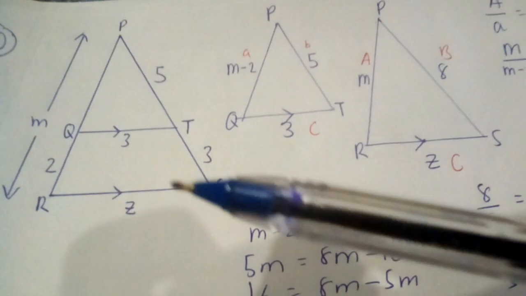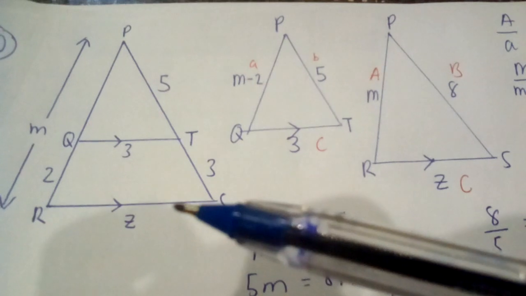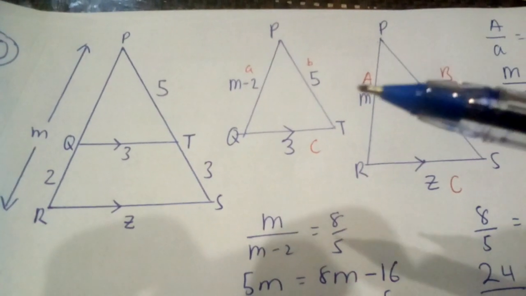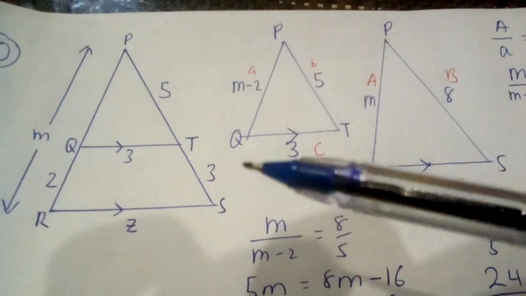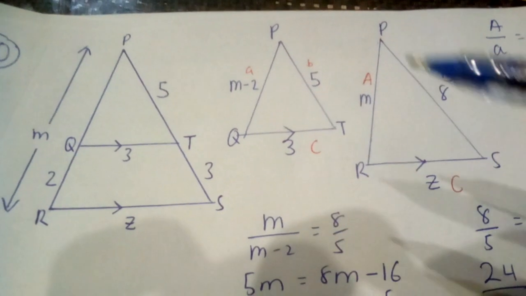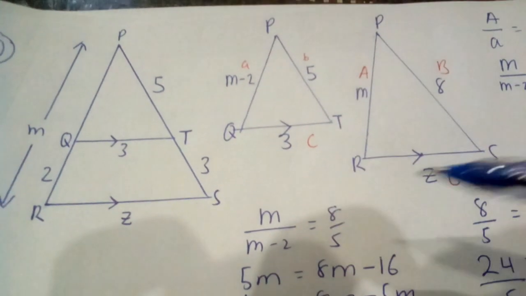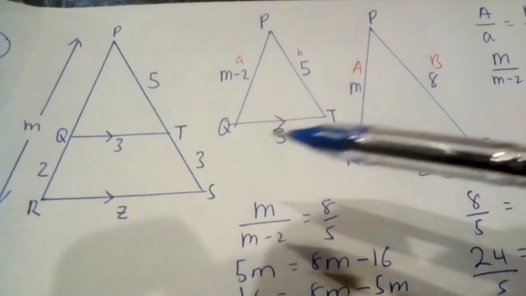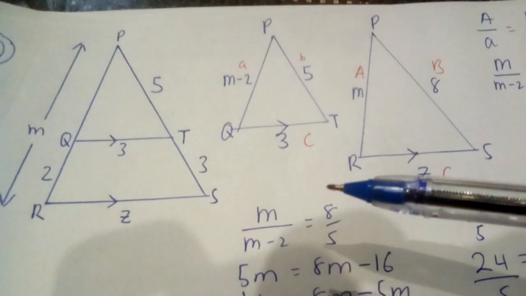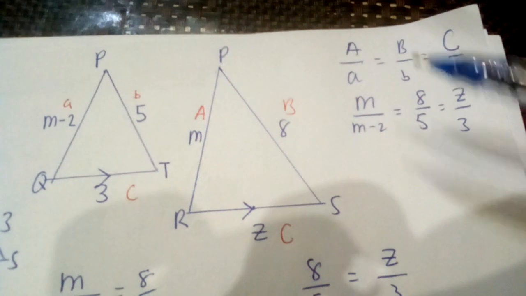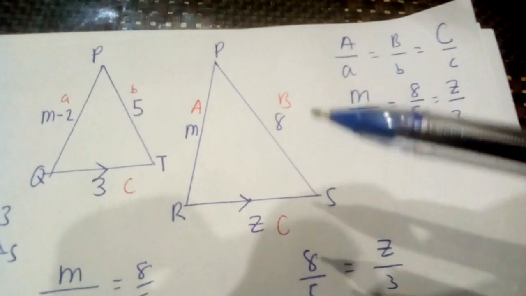And because they are related by parallel sides, the same side of A is related to the same side of A, the same side of B is related to the same side of B, and this side of C is related to the other side of C. Then we keep the proportions, A over A, B over B, C over C, as shown.